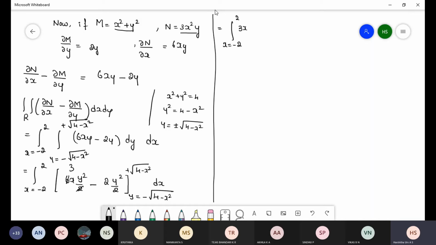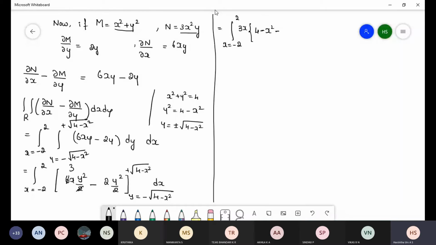So 3x. Now I will substitute the upper and lower limits for the y square. As it is a root and square, it will get cancelled. Here it remains 4 minus x square for the upper limit. For the lower limit I write minus, so minus root of 4 minus x square whole square. Minus into minus becomes plus here.